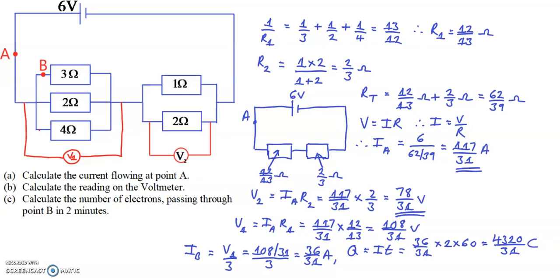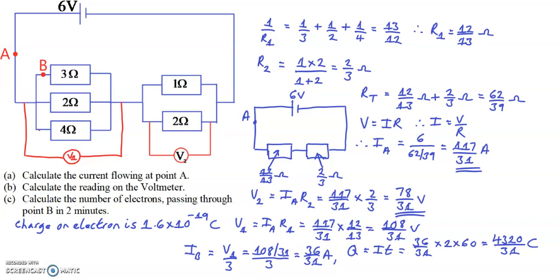Now the charge on an electron is 1.6 times 10 to the power of minus 19 coulombs. So now it's possible to work out the number of electrons passing point B in 2 minutes.